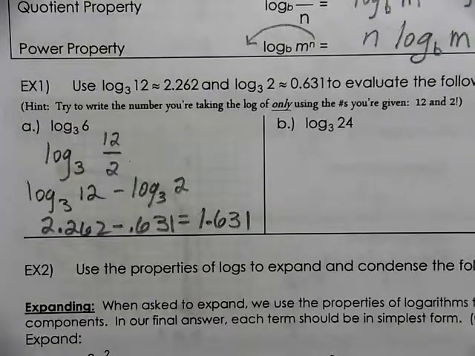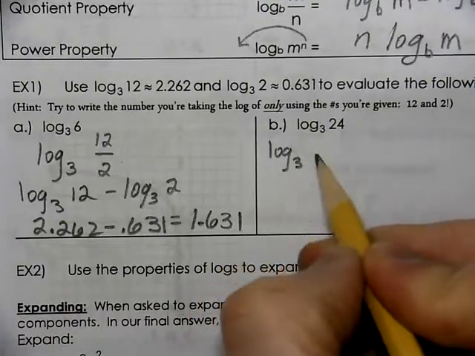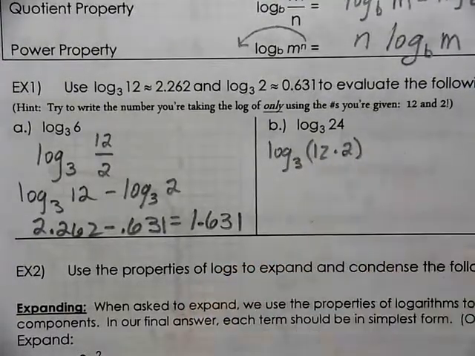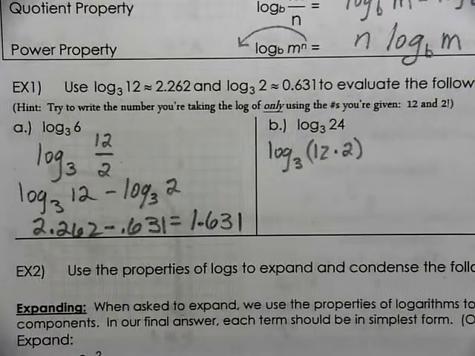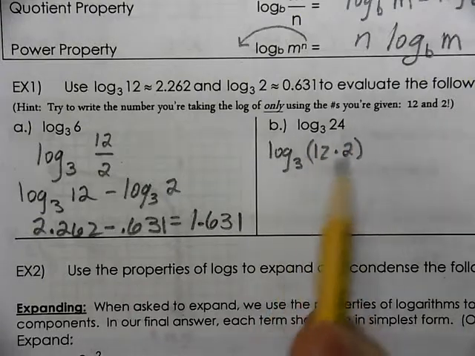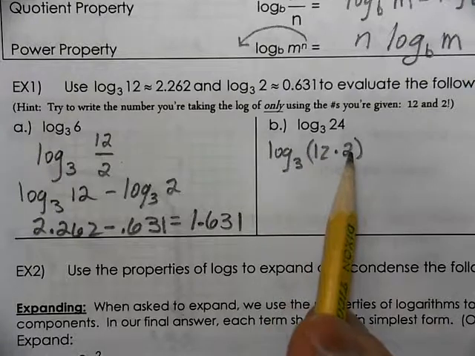For the next problem, it also has the base of 3. Notice that we're working with 24. How can we use the 12 and the 2 to make a 24? So log base 3 of 12 times 2, that makes 24. So now we have what we're taking a logarithm for, broken into two multiples, kind of like an m and an n.